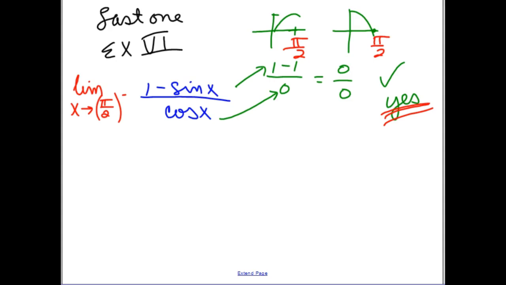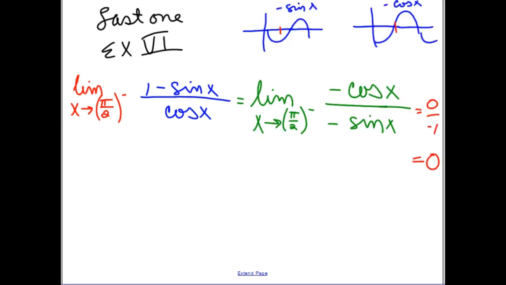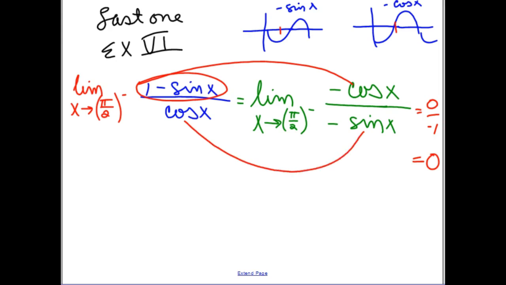So what I'm trying to give you here is a little bit of variations on a theme. So, derivatives. The derivative of 1 minus sine is negative cosine. The derivative of cosine is negative sine. Now when you plug in pi over 2, cosine of pi over 2 is 0, and the sine of pi over 2 is 1, so it's negative 1, so 0 over negative 1, which is 0.